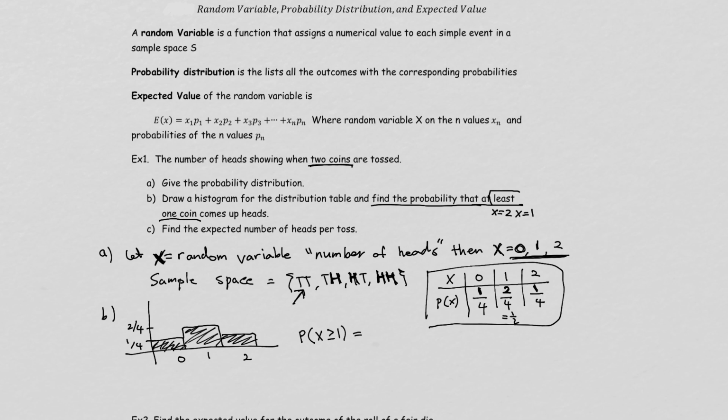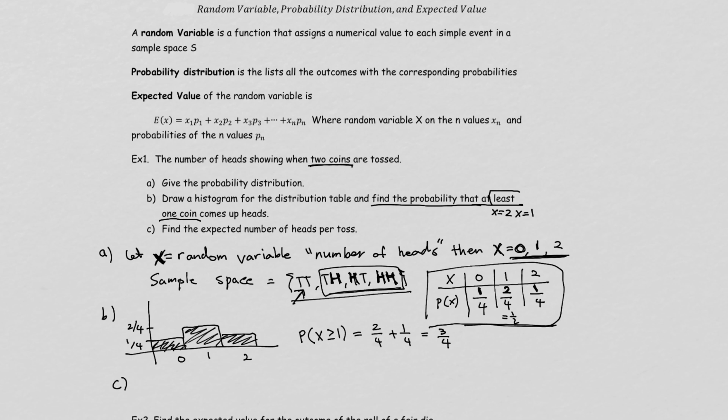Finding the probability of that happening is either 1 or 2, so 3 out of all 4 cases. The solution is 3/4. How do we find it from here? It's adding 2/4 and 1/4, which is 3/4. Either way, you end up getting the same solution, as long as you understand what they're asking.